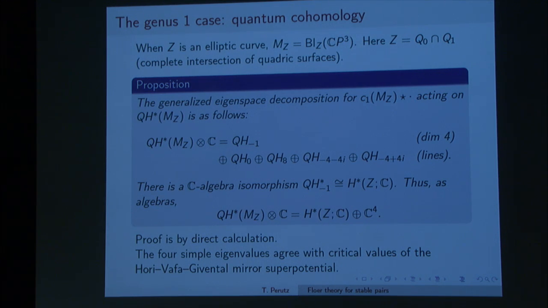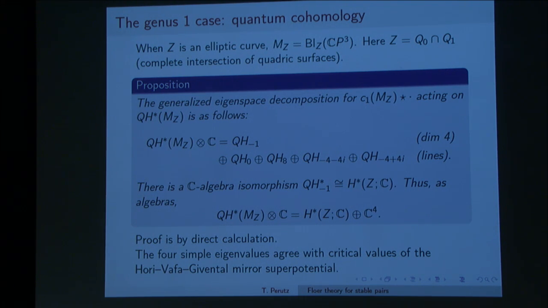It turns out that the eigenspace decomposition for the first Chern class acting on quantum cohomology looks like this. So there's a summand for lambda equals -1. That's 4-dimensional. And then there are 4 lines with eigenvalues 0, 8, -4, plus or minus 4i. The interesting part is the -1 summand.